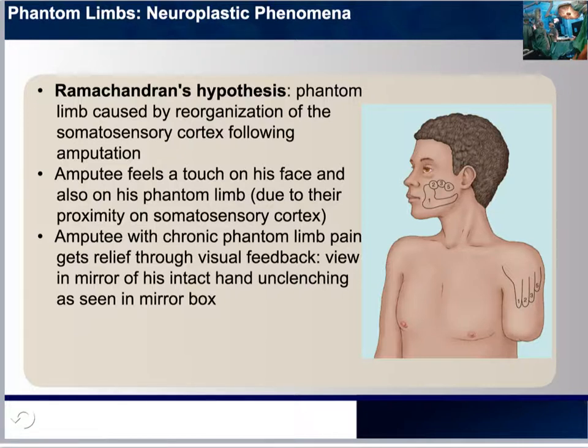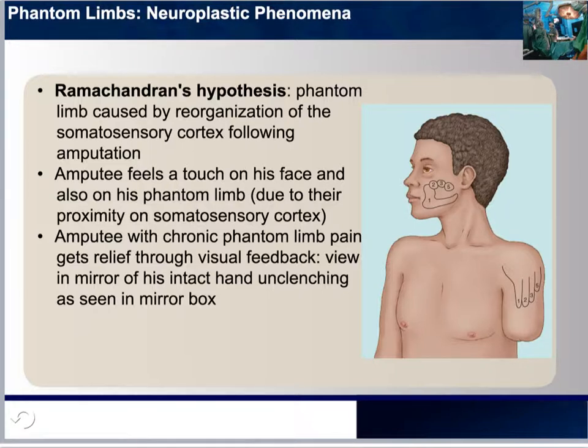This hypothesis, that is known as Ramachandran's hypothesis, was tested with one of Dr. Ramachandran's patients, Carlos. You may have read about this in chapter 10. He asked Carlos if he would participate in a test. He touched various areas and parts of Carlos' body and then asked Carlos what he was feeling.